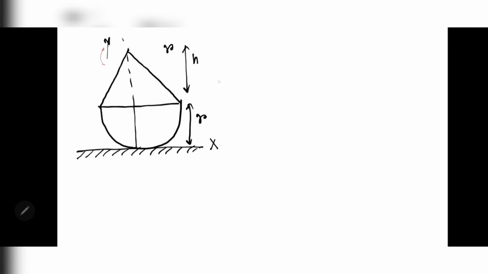Now here weight of the hemisphere W1 equals rho into g into 2 pi r cube by 3. Now distance of center of gravity of the hemisphere from the bottom, let y1, that equals 5r by 8.